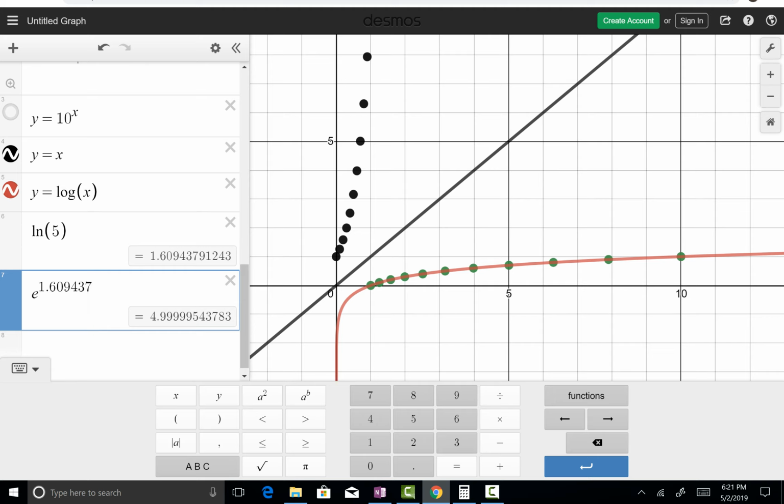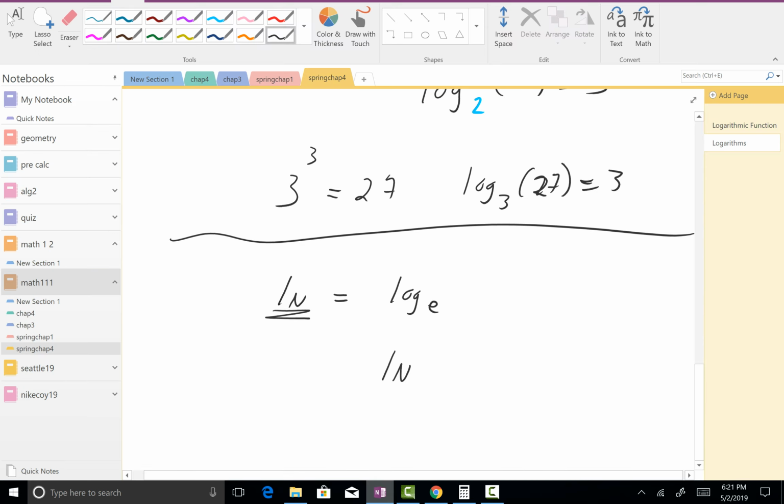Okay, so the log base e is just a natural log. That's what they call it, ln. It's called the natural log. And that's how that works. It's not anything big deal, just a natural log.